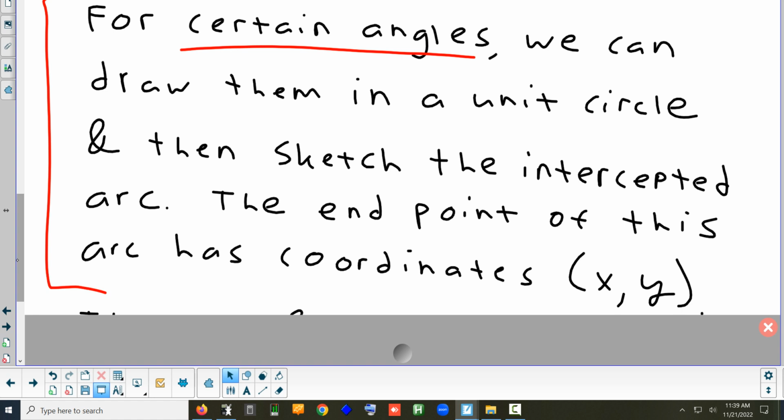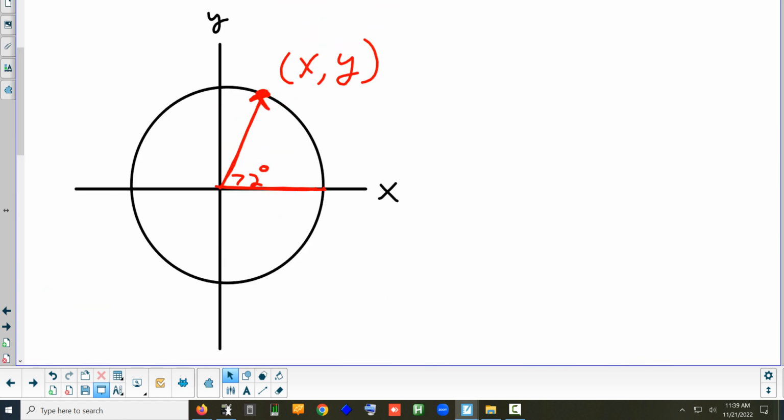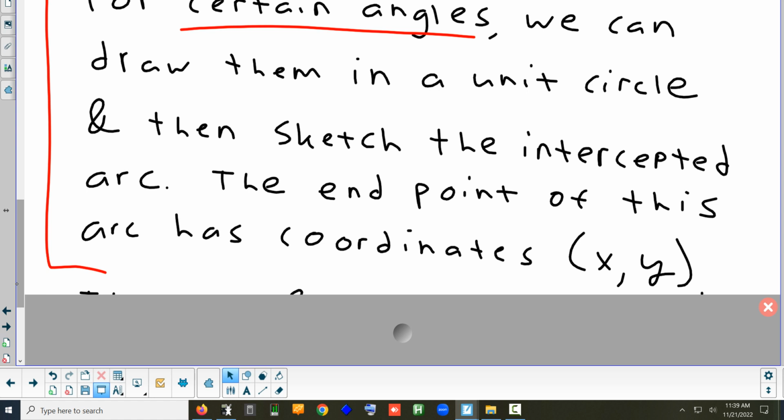And the end point of the terminal side, which is also the end point of an arc, if you drew it just like that to connect it back with what we just learned a little bit ago, has a coordinate. We need to figure out the x and the y value for that coordinate.